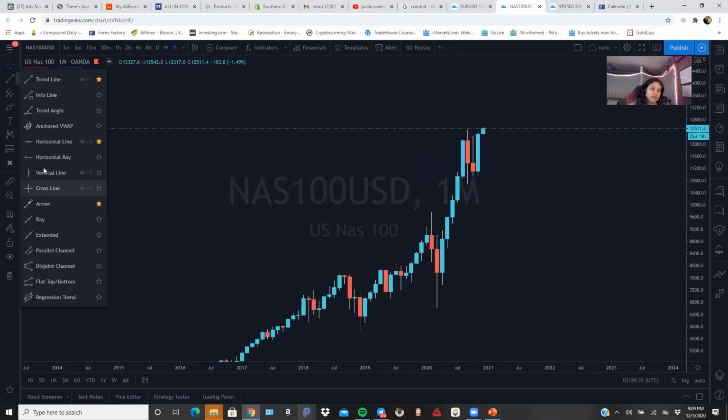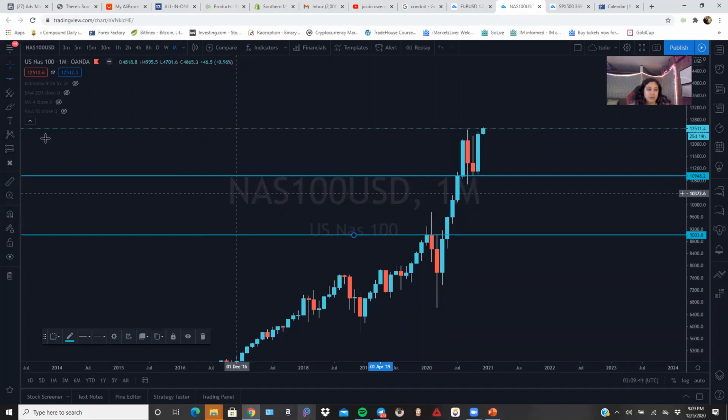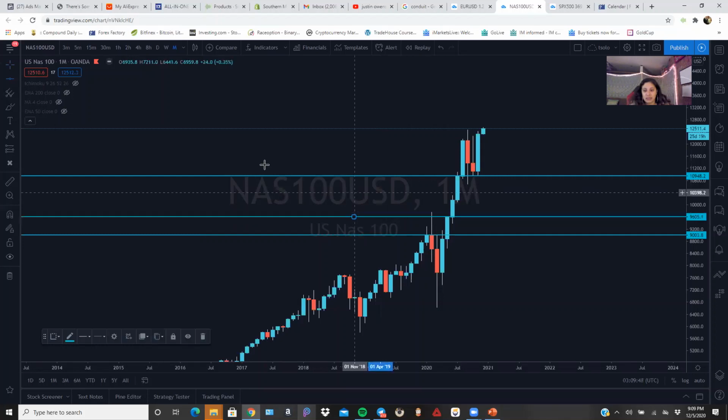Now, weekly was just that. I'm just going to put some support and resistance there. It was not too much, because we got some pretty hefty monthly areas. I like it right here.